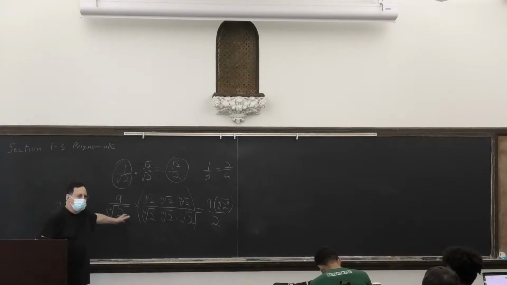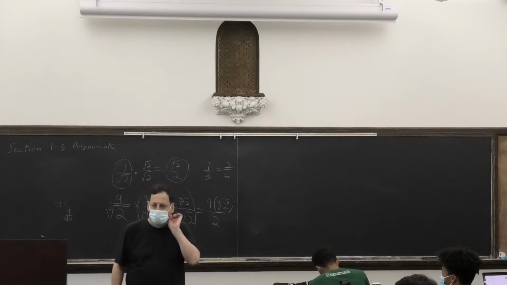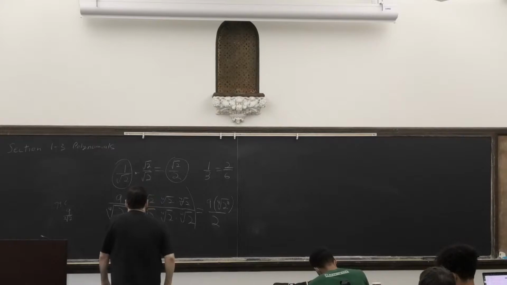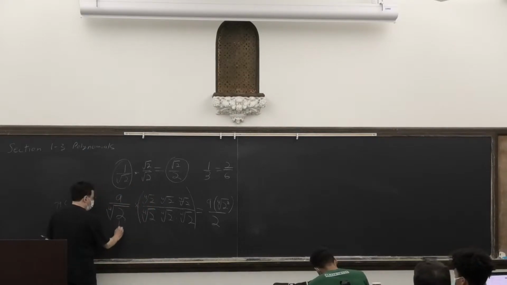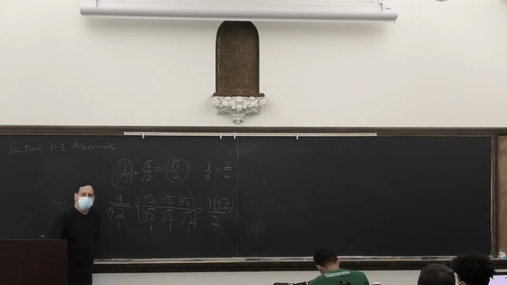Questions about this? Other homework problems? If anyone has a question? Yes? Oh, no, just this one. Why is it only 3 times instead of 4? Because we have 1 to begin with, and we want 3 more. Oh, thank you. Is that clear?